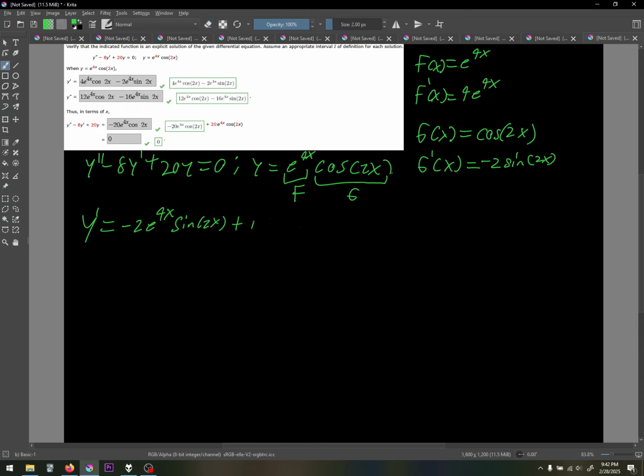It's the same thing, 4e to the 4x cosine of 2x. Okay, and all that they did here is they wrote this first, and then they subtracted that first. But it's an equivalent thing.